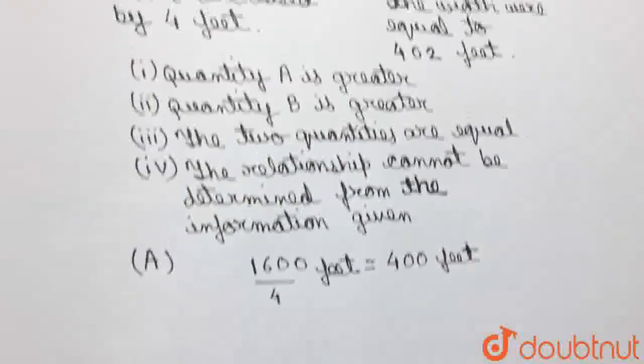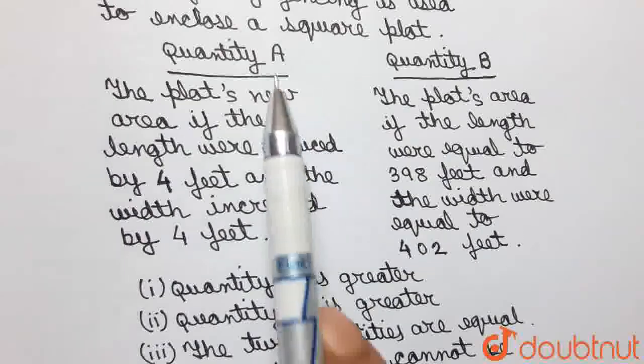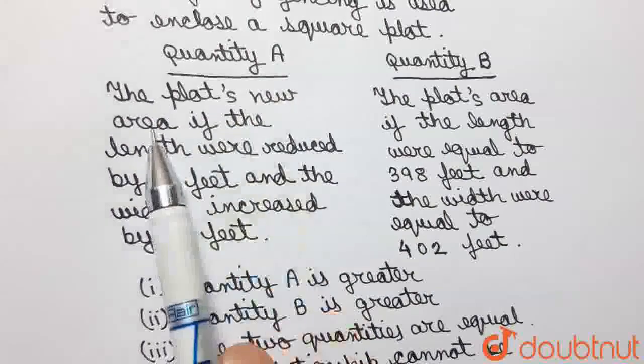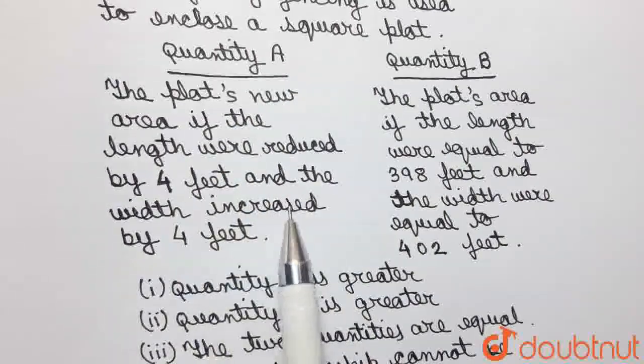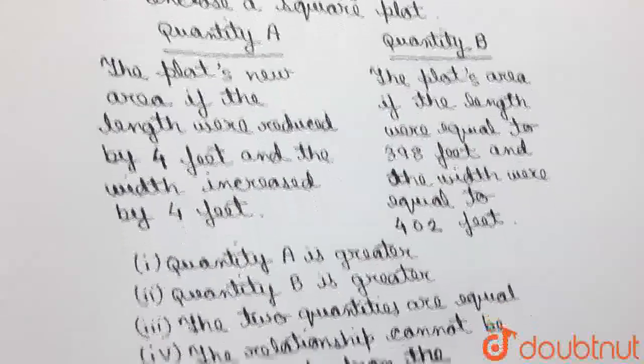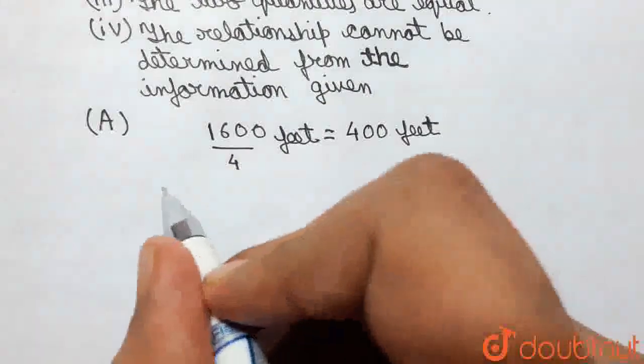Now, considering quantity A, it states the plot's new area if the length were reduced by 4 feet and the width increased by 4 feet.